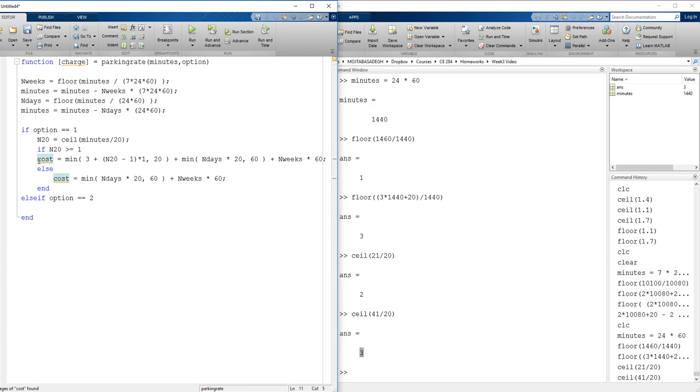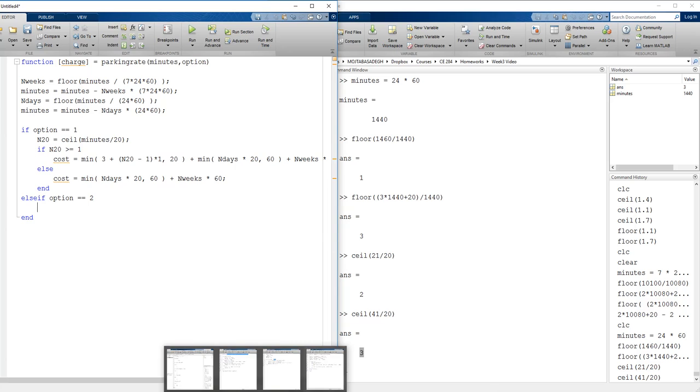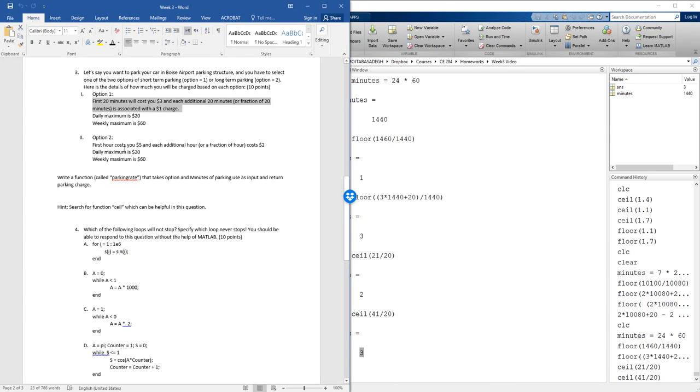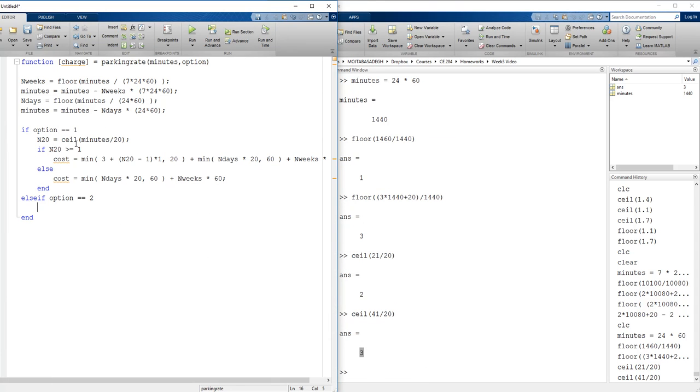I'm going to use tab here to be clean and everything be on the same order. For option 2, that's hourly. Let me go back to the question very quickly. The first hour is $5, each additional hour is $2. So if I say NH for n hours, that would be ceil.